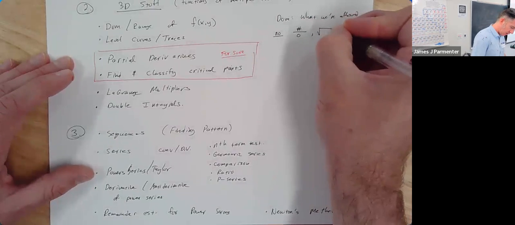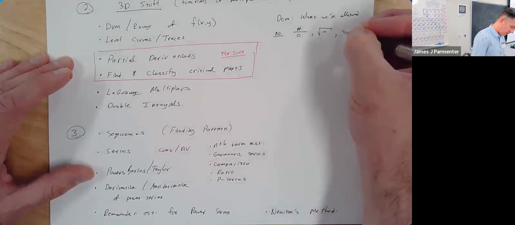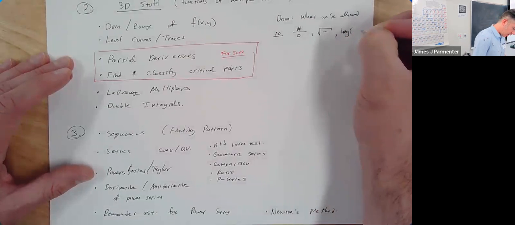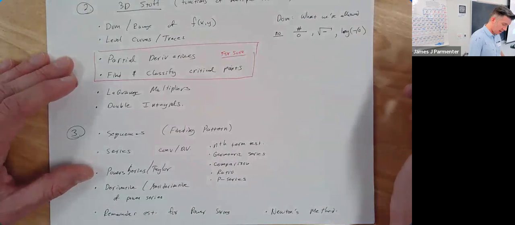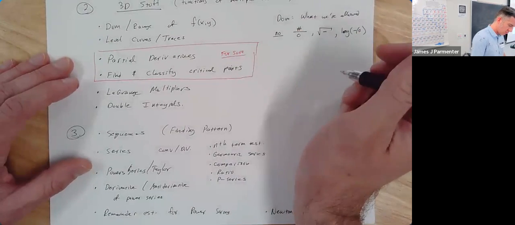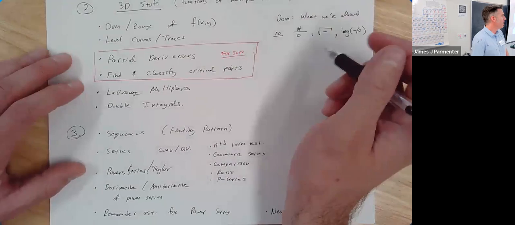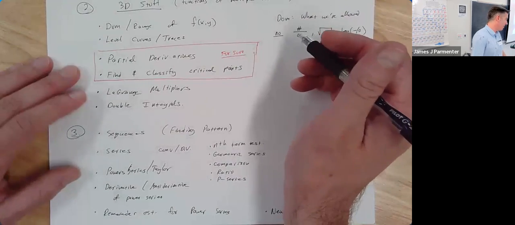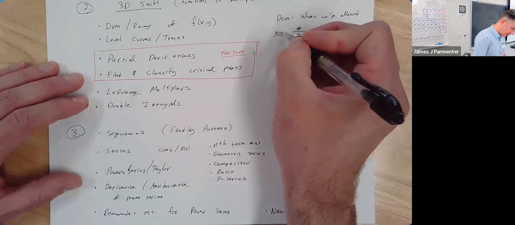We can't have a square root of a negative. We can't have the logarithm of a negative or 0. It's easier to talk about what we're allowed than what we're not allowed to do.